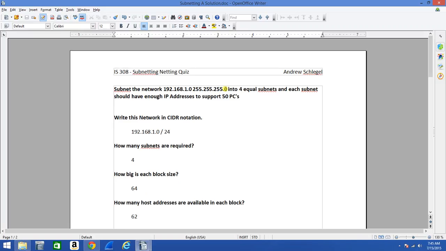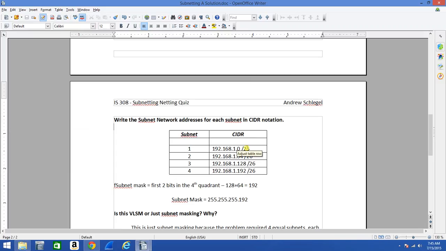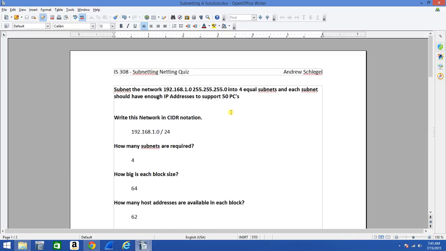Well, there's 2 ways you can do it. 2 to the 6 is 64. So 6 bits would be host bits, and that would leave 2 for network bits. So you'd have 1, 1, and then 6 zeros. So 24 plus 2 would be a /26, right? So we can see down here we have a /26.